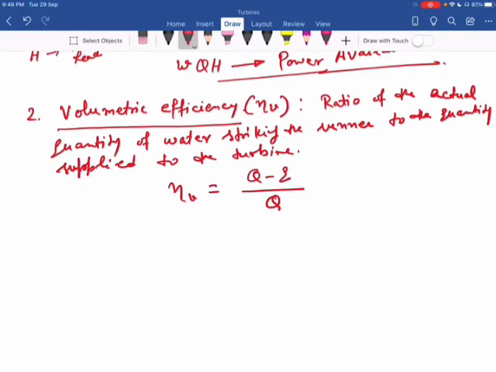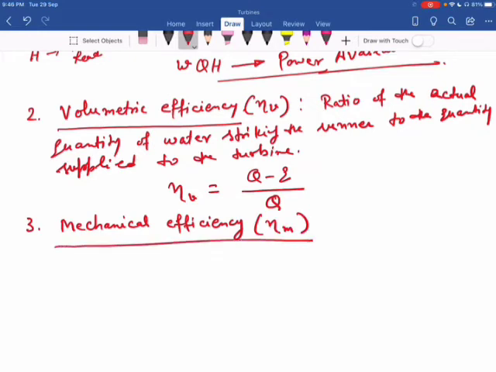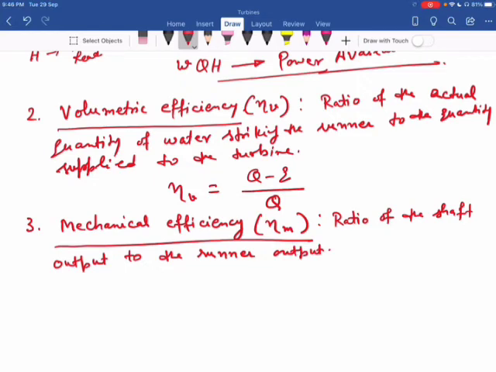That is volumetric efficiency. The third efficiency is the mechanical efficiency, denoted by eta M. This efficiency accounts for the mechanical losses, and it is the ratio of the shaft output to the runner output. So eta M you can write as shaft output divided by runner output.